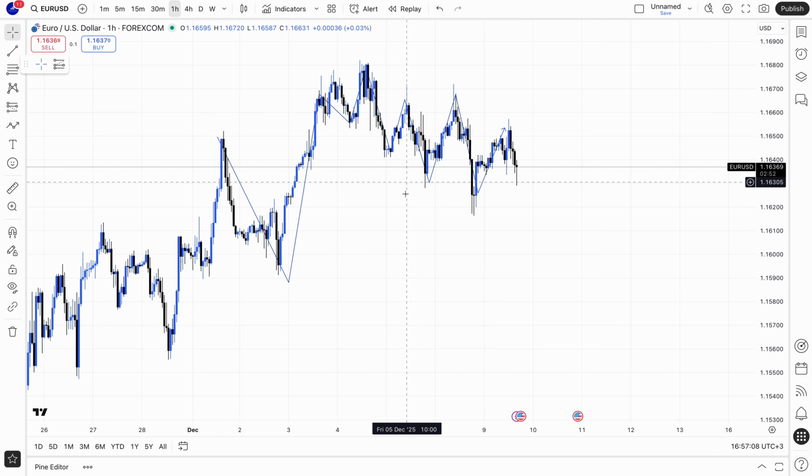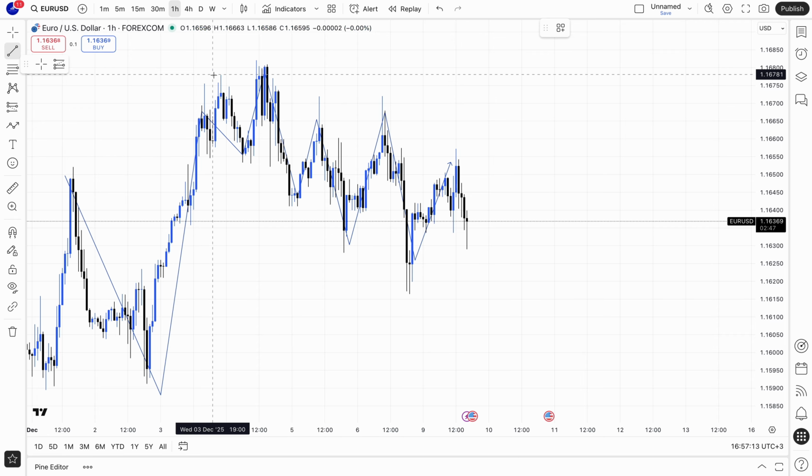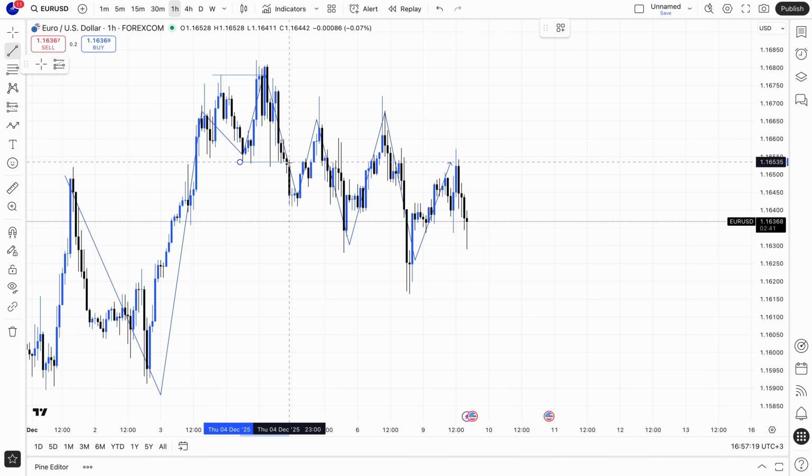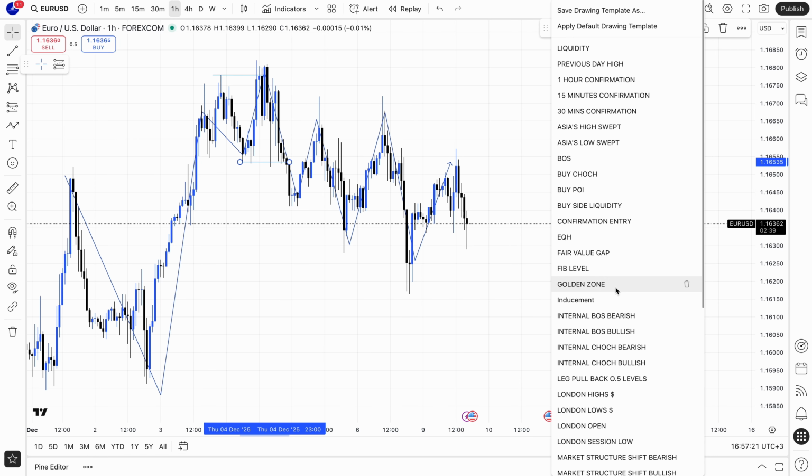Now we're only looking for sells because external structure is in a downtrend, bearish, and also internal structure is bearish, so we're looking for sells. Although you can get some buys, but long term it's sells, right?